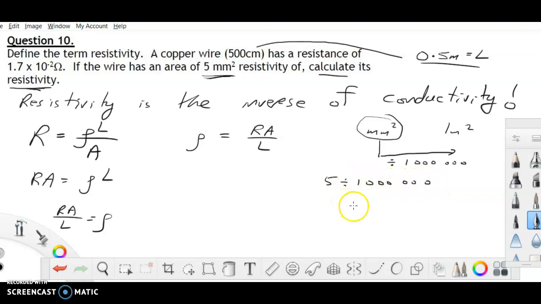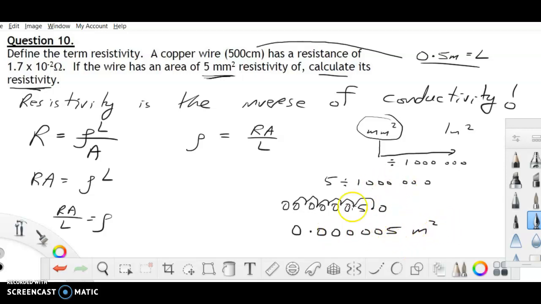And an easy way to do that is to get your 5, the decimal point was here, but we're going to knock it 6 places to the left. 1, 2, 3, 4, 5, 6. And that gives us 0.00005. And that there is meters squared.